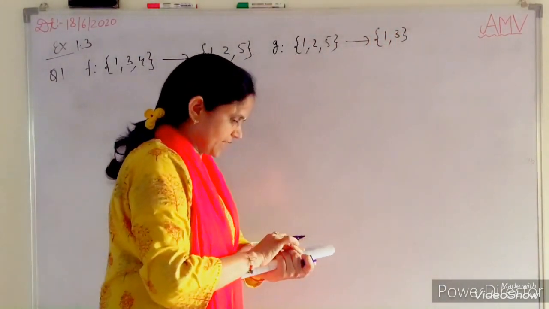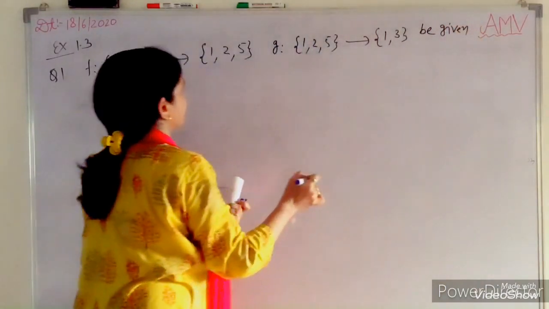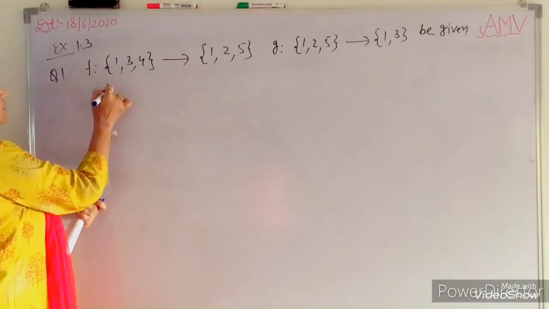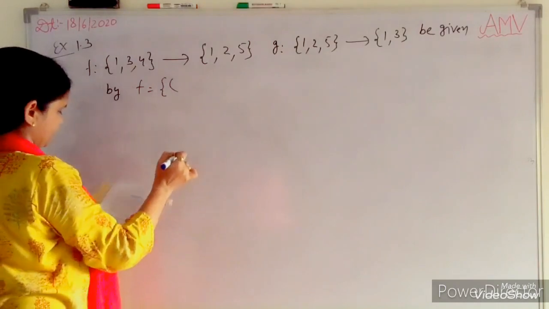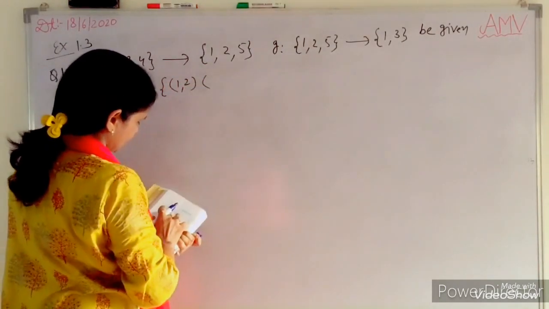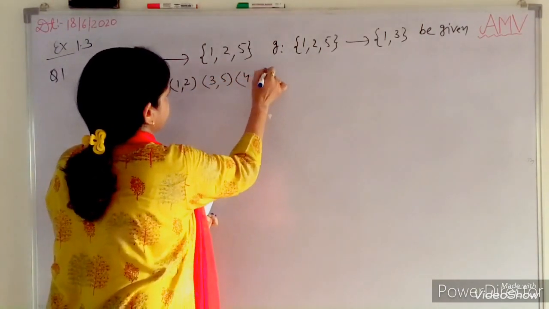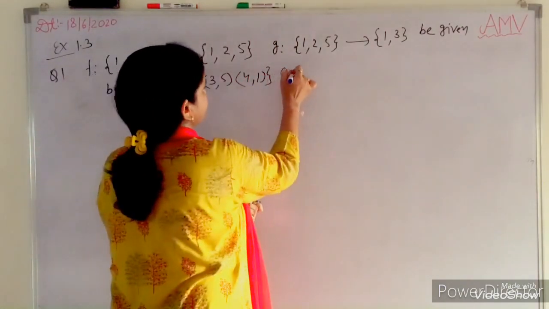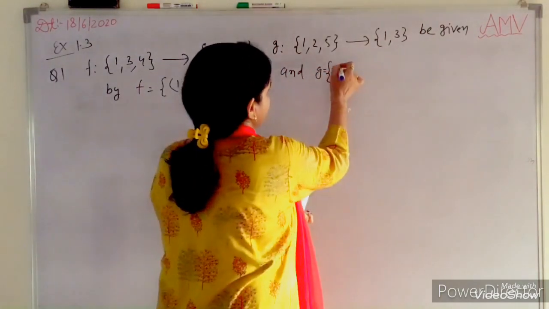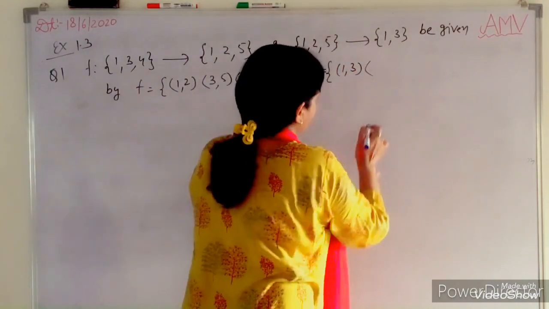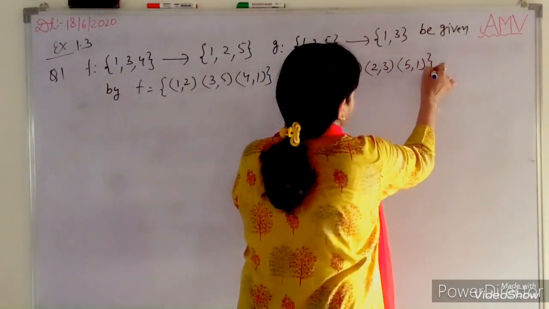You also write the question, student: f is given by f = {(1, 2), (3, 5), (4, 1)} and g is {(1, 3), (2, 3), (5, 1)}.